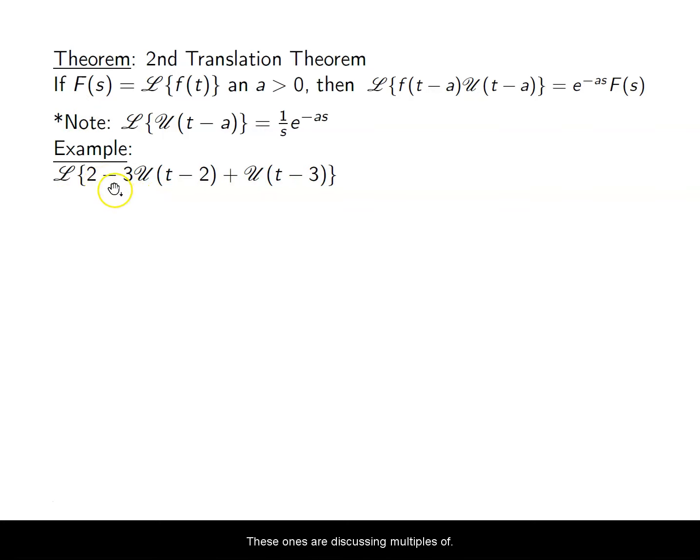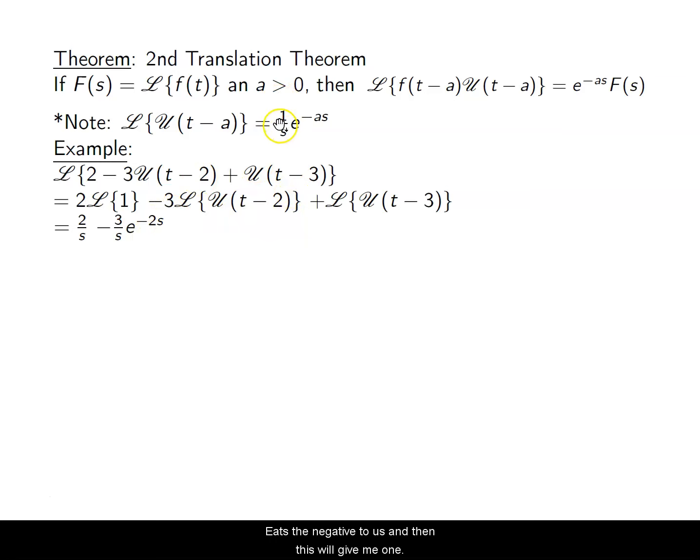Then 3 times the Heaviside at 2, and the Laplace transform of the Heaviside at 3. So we get 2 over s, negative 3 over s, e to the negative 2s, and then this will give me 1 over s e to the negative 3s, right? There we go. So that's pretty easy.